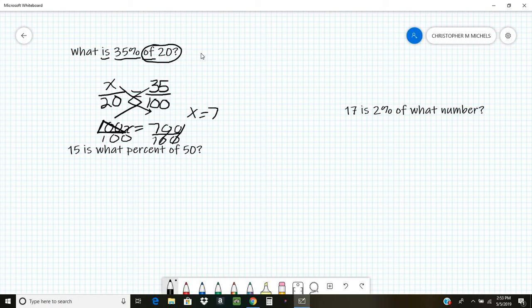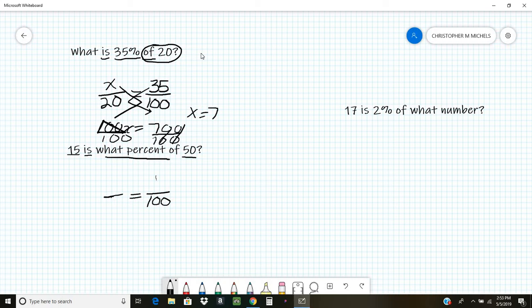So they said 15 is what percent of 50? When you go to set this one up, always put the 100 there. Now with percents, the 100's always there.